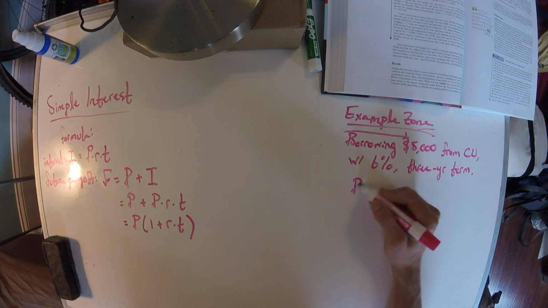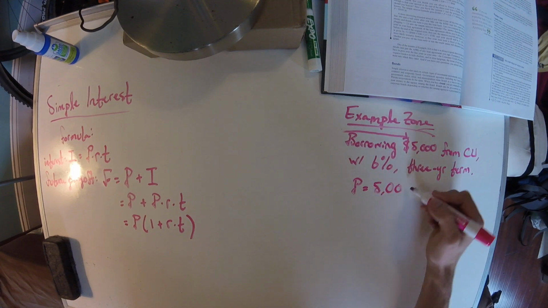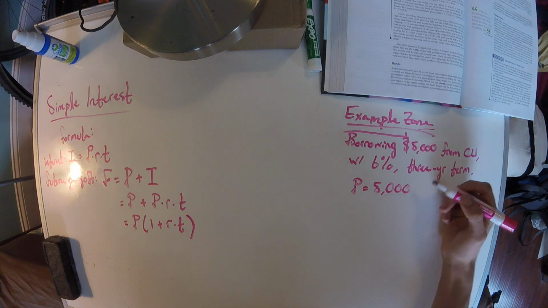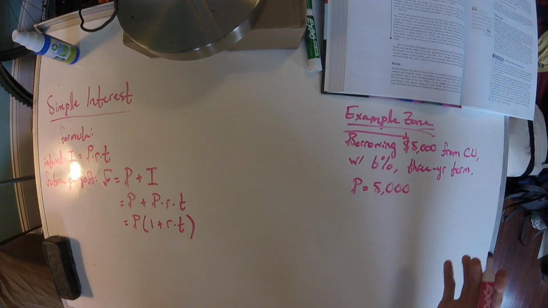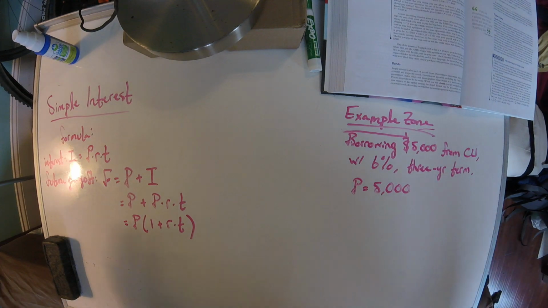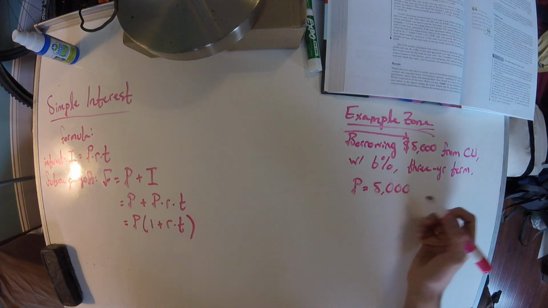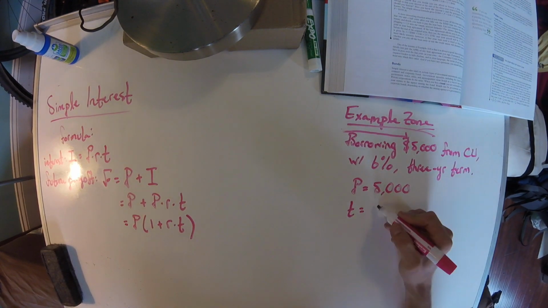I'll just write P equals 5,000, and I don't really care too much if you drop the units, as long as you remember that this is in dollars. Doesn't matter too much, but don't accidentally put it in thousands of dollars or anything like that. And now T, the term, equals 3.